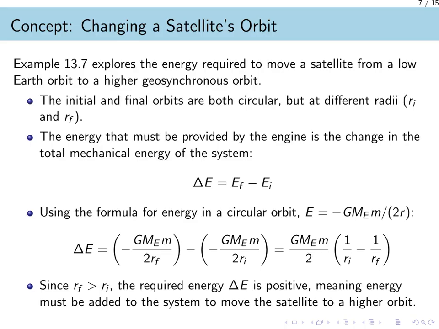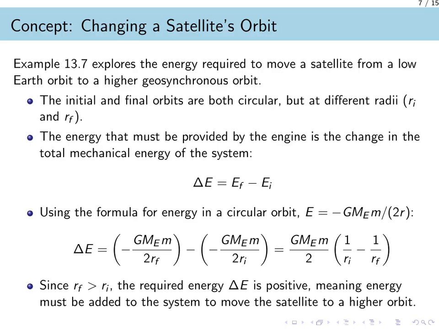The energy that the engine must provide is equal to the change in the system's total mechanical energy, which we call delta E. This is found by taking the final total energy, E sub F, and subtracting the initial total energy, E sub I. We can substitute our expression for the energy of a circular orbit, which is negative G m over 2 R, for both the initial and final states.